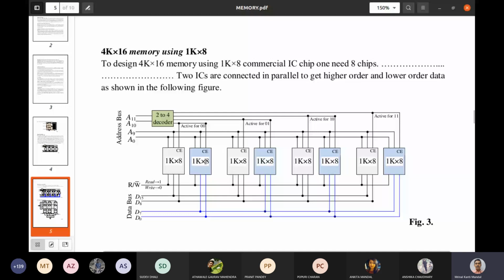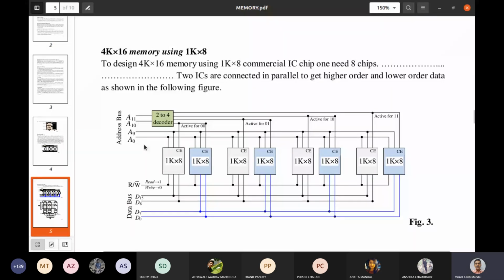One IC will give you 8-bit data, another IC will give you the other 8-bit data. So for our convention, we consider this IC will give you the lower order data bits, and this IC will give you the higher order data bits. Then these two ICs should be connected in parallel so that both of them will activate simultaneously.